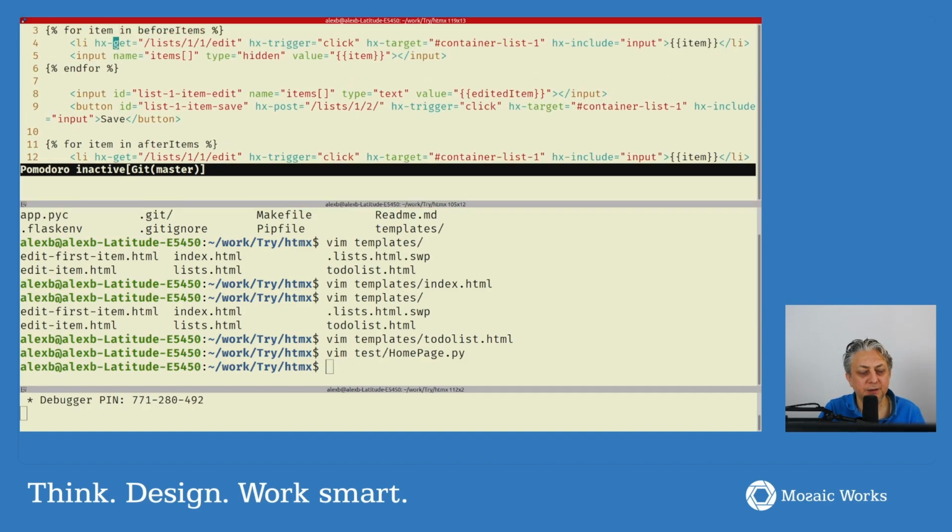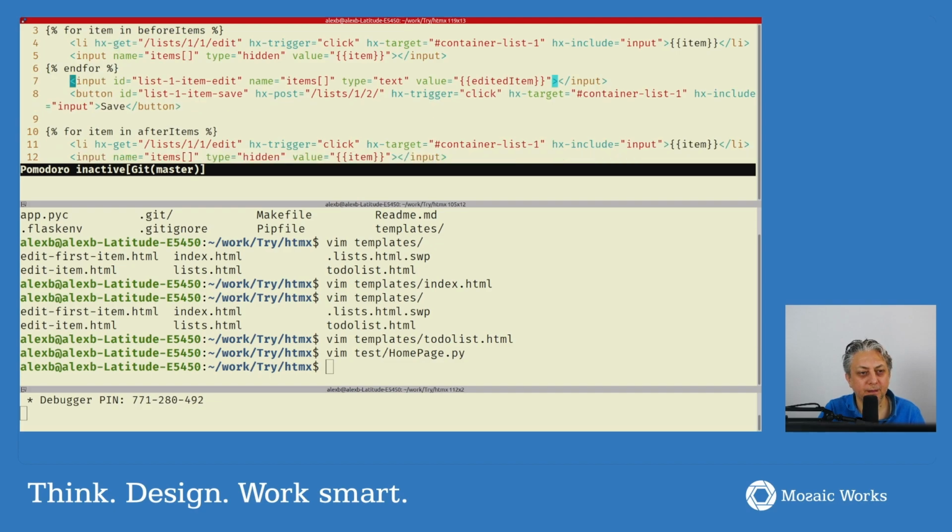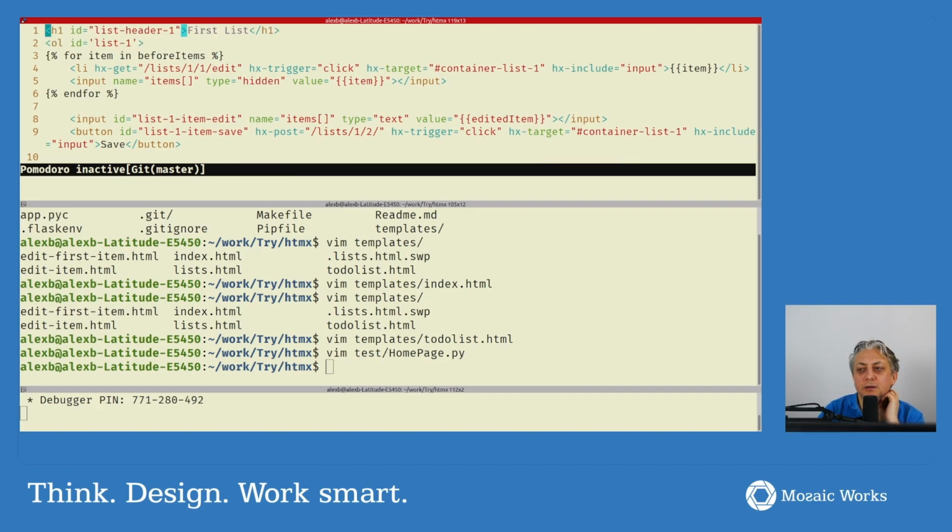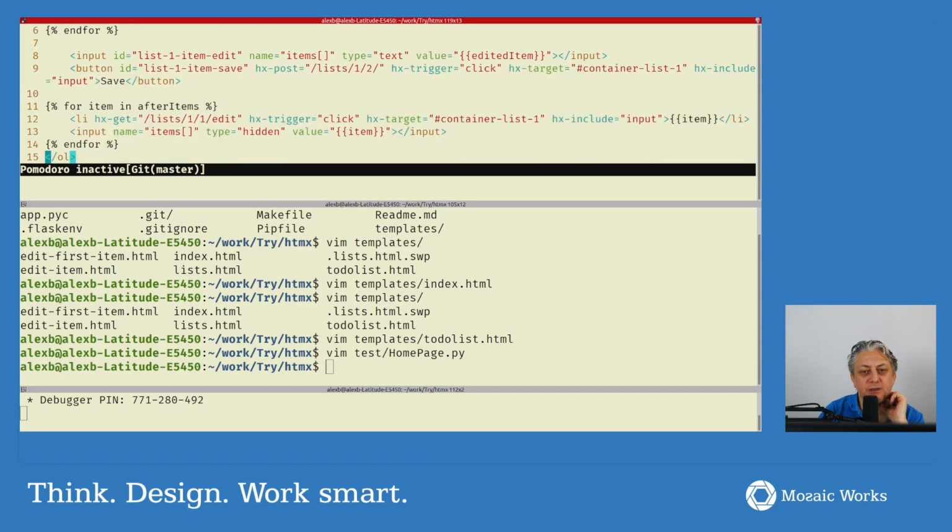Okay, let's leave an empty line here. We have something before, and we have something after. Now the IDs are still not right, okay? But this is for another time.